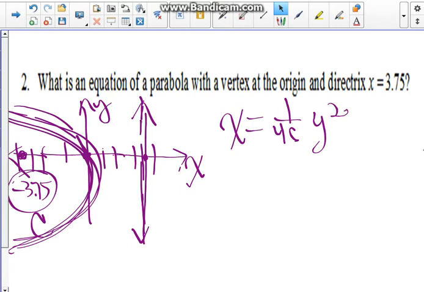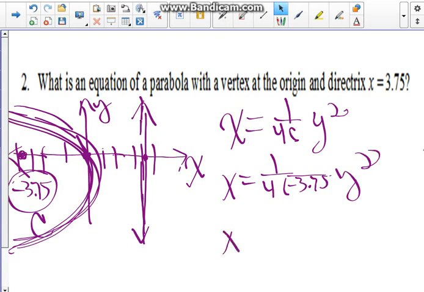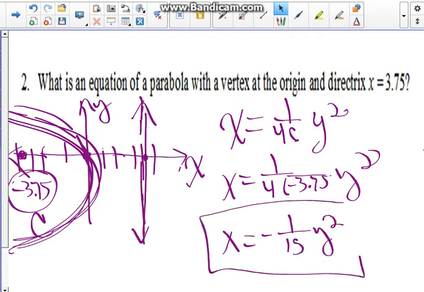And our c is -3.75, so it becomes x equals 1 over 4 times -3.75 y squared. And when you multiply that out, x equals -1 over 15 y squared. And that is our answer.